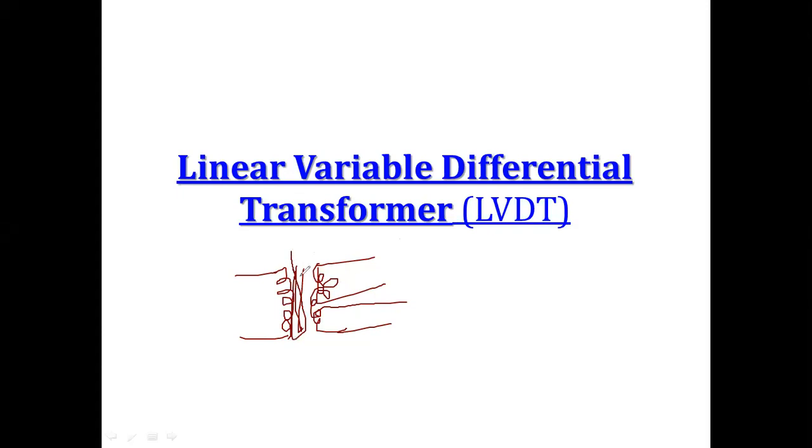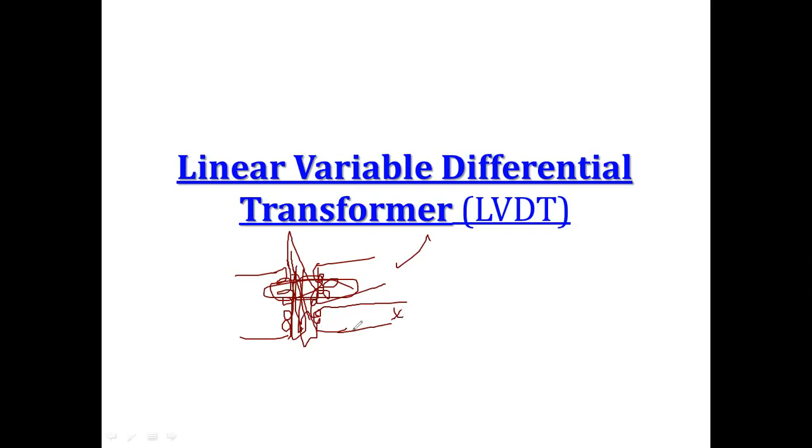When it is at the center, both windings get equal mutual inductance, and the induced EMF will be the same in both windings. If it is moved towards this coil, the flux linkage will be more for this one, so the EMF induced will be more here and less there. If it is pushed to the other side, it is more on that side.